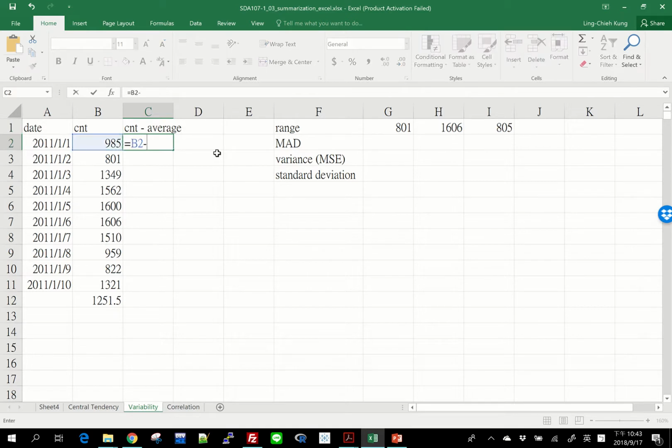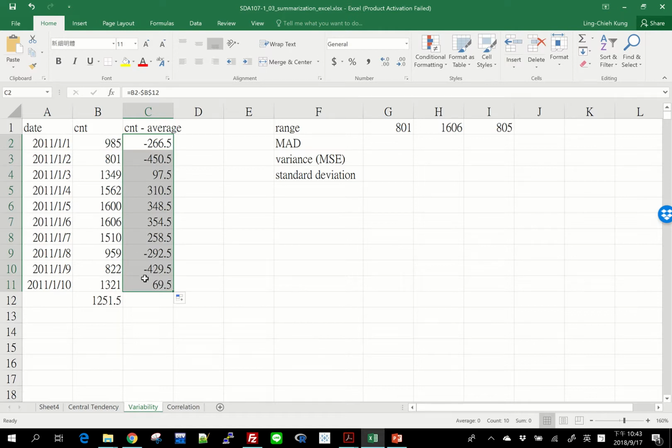So this number minus that number, and of course here for B12, because I know later I'm going to copy and paste those formulas, here I'm going to fix the two dimensions.